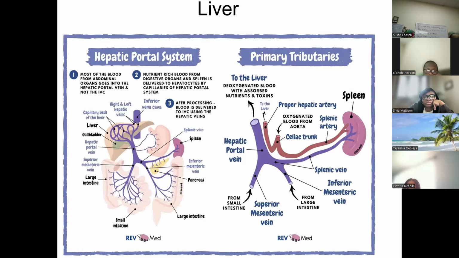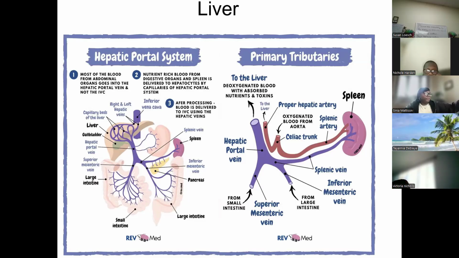And then the liver cells will drain the blood back into general circulation and into the inferior vena cava. This helps to bring oxygen to the cells in the liver and into the hepatic portal system. And then the nutrients that are absorbed from the stomach and the intestine are able to get back into circulation.